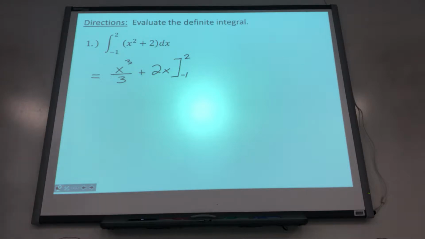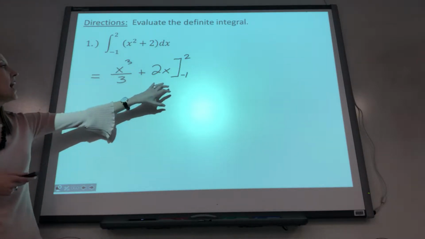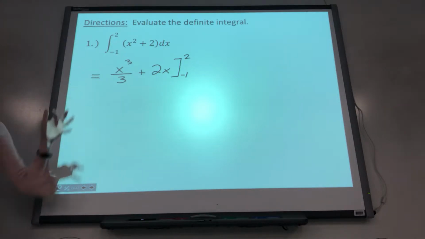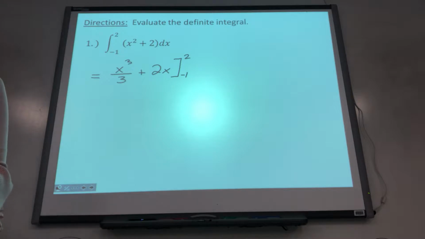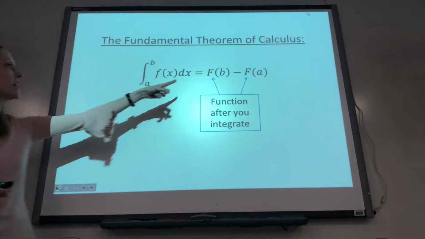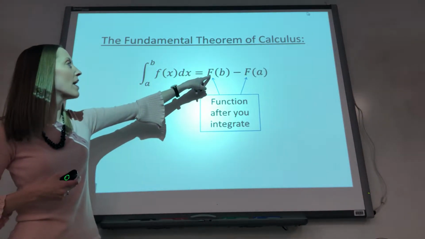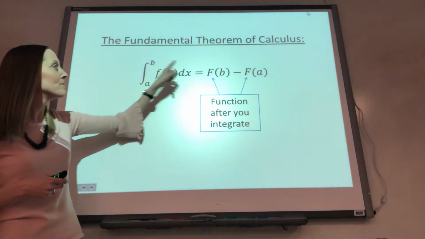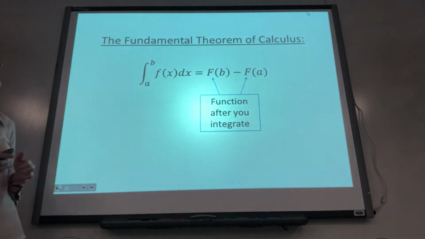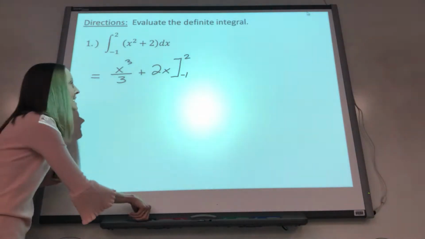Now, probably the most common mistake of evaluating definite integrals is plugging in the wrong number first. If you go back to the fundamental theorem of calculus, it says capital F of B minus capital F of A. You have to plug in the upper bound first.